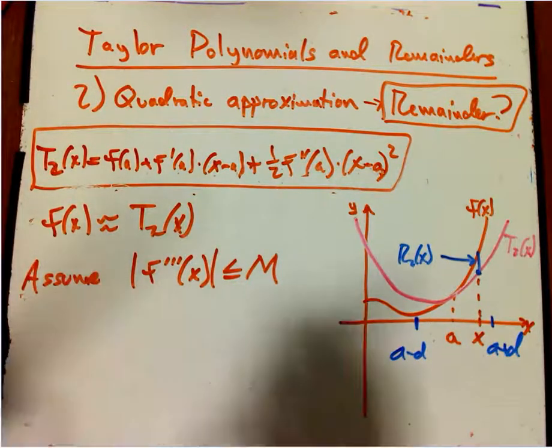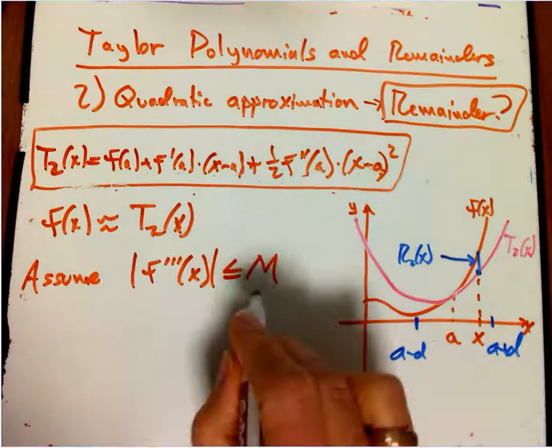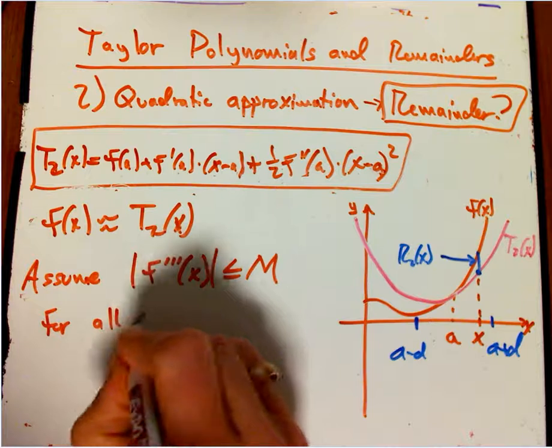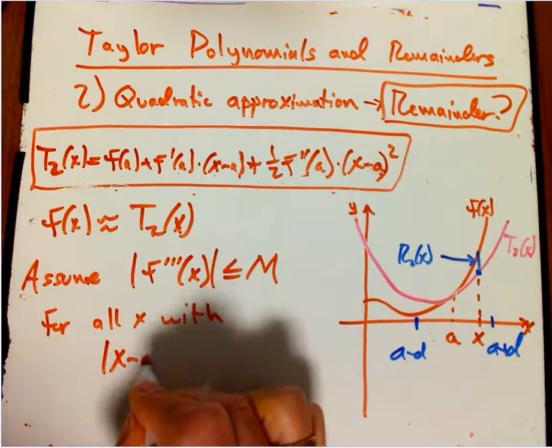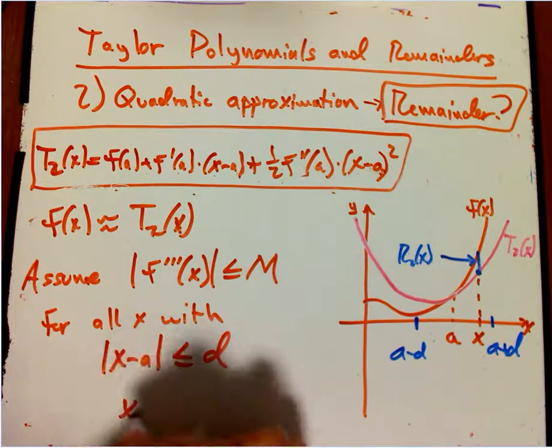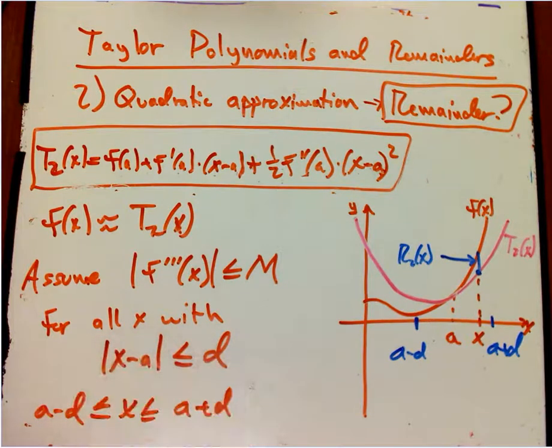So let's say, and we'll do this explicitly if you're worried, let's say we can find this bound for all x with the distance from x to a less than or equal to d, just like we saw before. Or in other words, if you like it as inequalities, it's just everything in this interval.